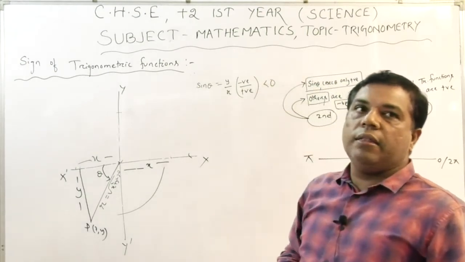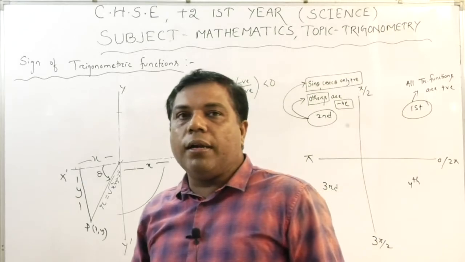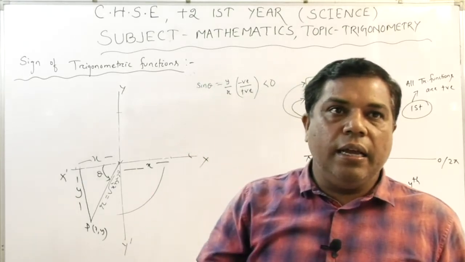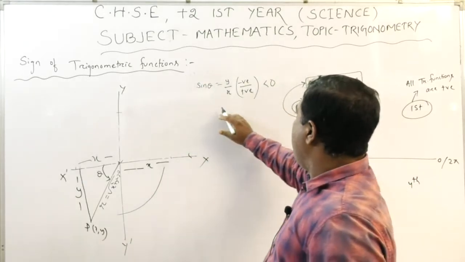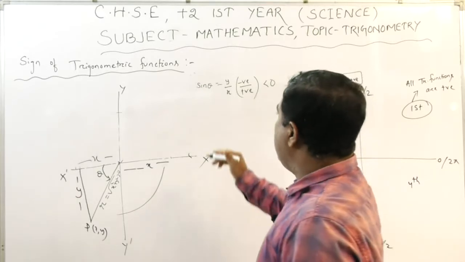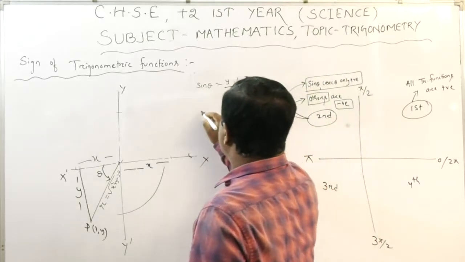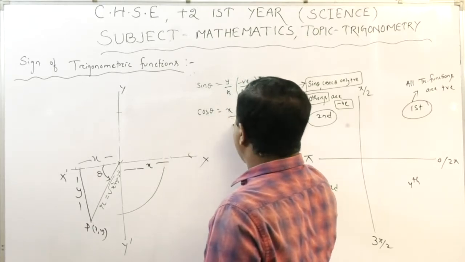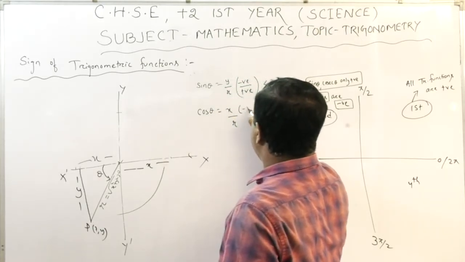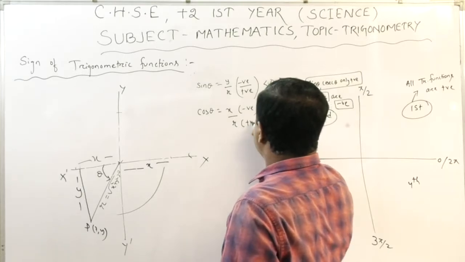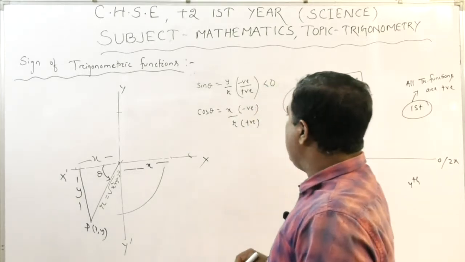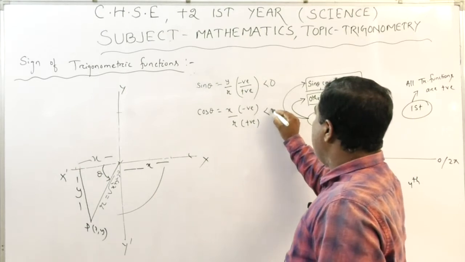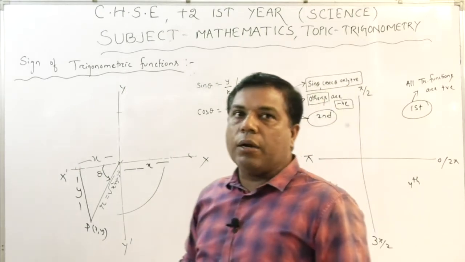Sin theta takes a negative value in the third quadrant. Now cos theta is x on r. So x is negative and r is positive, so the value is also negative in the third quadrant.